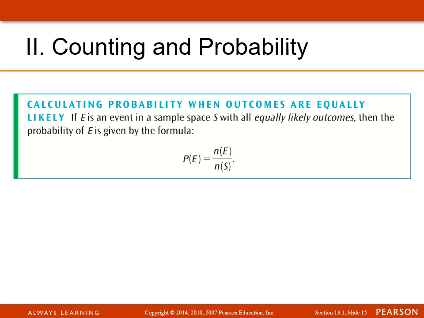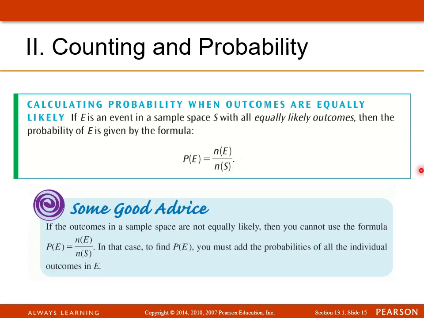Calculating probability when outcomes are equally likely. So if E is an event in a sample space S with all equally likely outcomes, so for instance, flipping the coins, then the probability of E is given by the formula: the number of outcomes in E over the number of outcomes in your sample space. So some good advice.